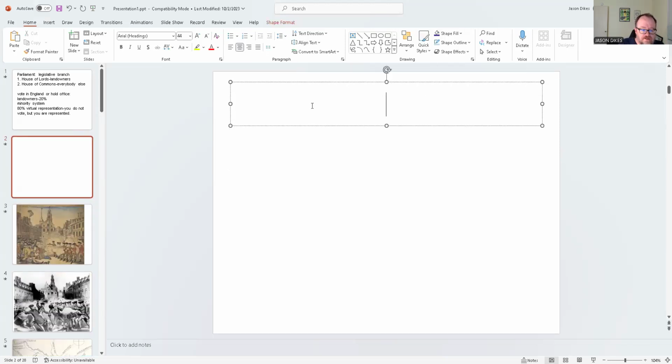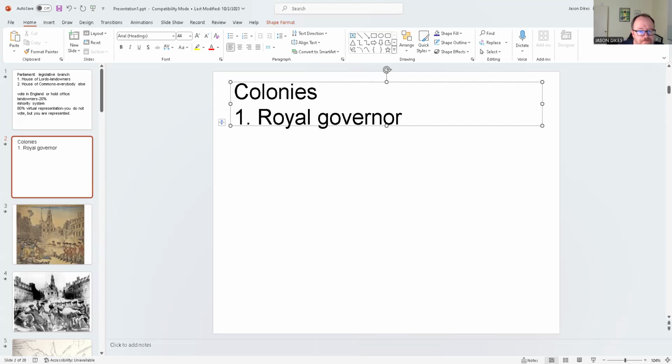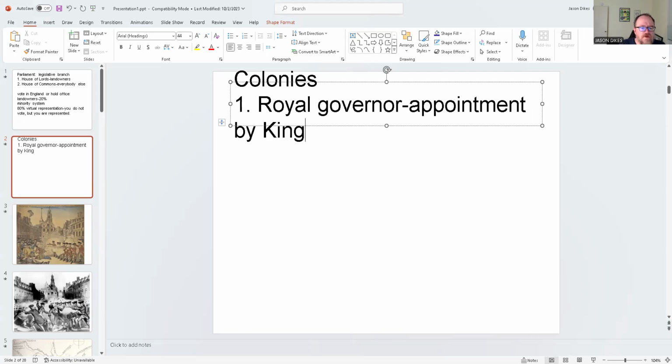Now, the colonies also had sort of three distinct parts of their government. Each colony would have had a royal governor, and royal governors were typically appointed by the king.